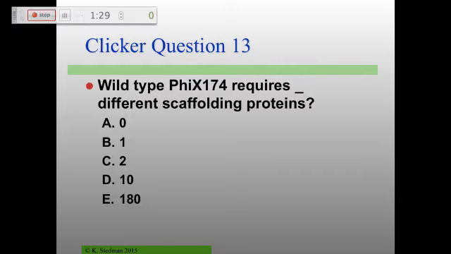First one is wild type Phi-X174 requires blank different scaffolding proteins. 0, 1, 2, 10, or 180.